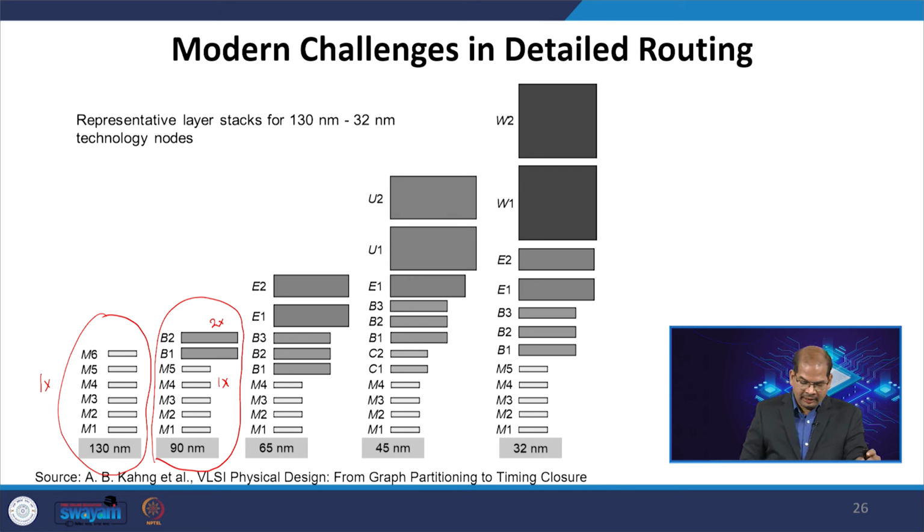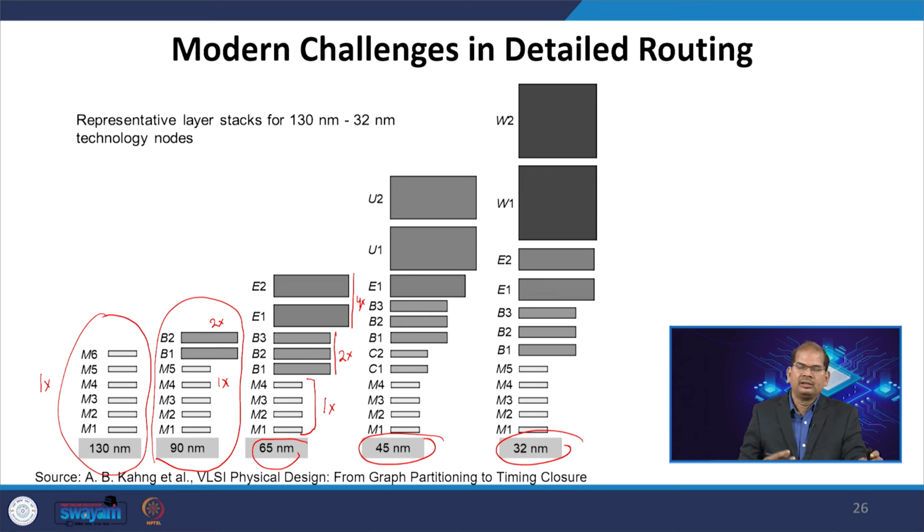Okay. And in 65 nanometer, you have this 1x, this more than 1x or 2x, and this is 4x.